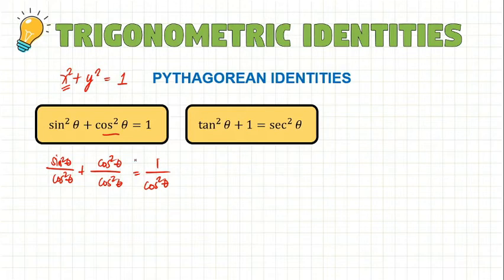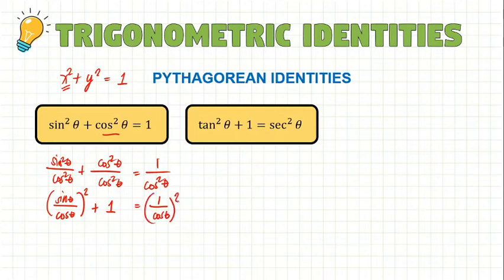So I can rewrite this as sine theta over cosine theta squared plus 1 equal to 1 over cosine theta quantity squared.